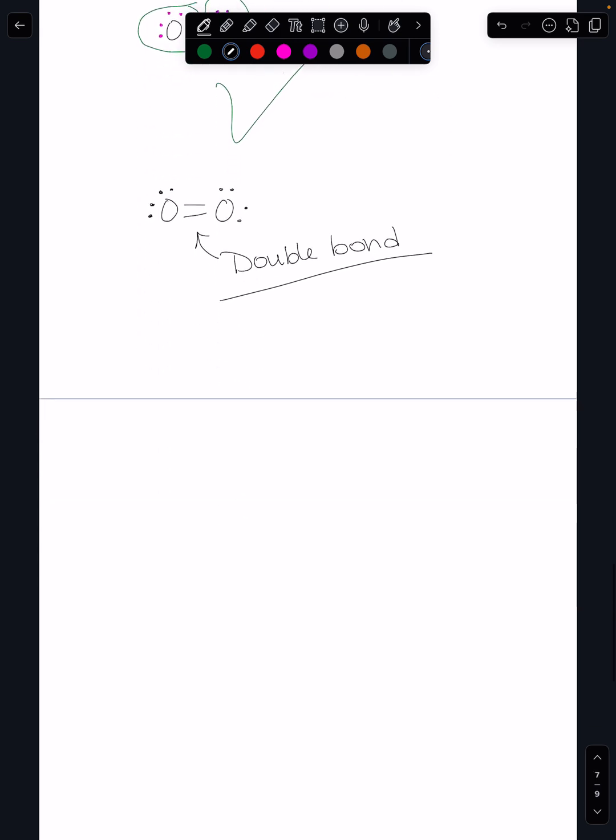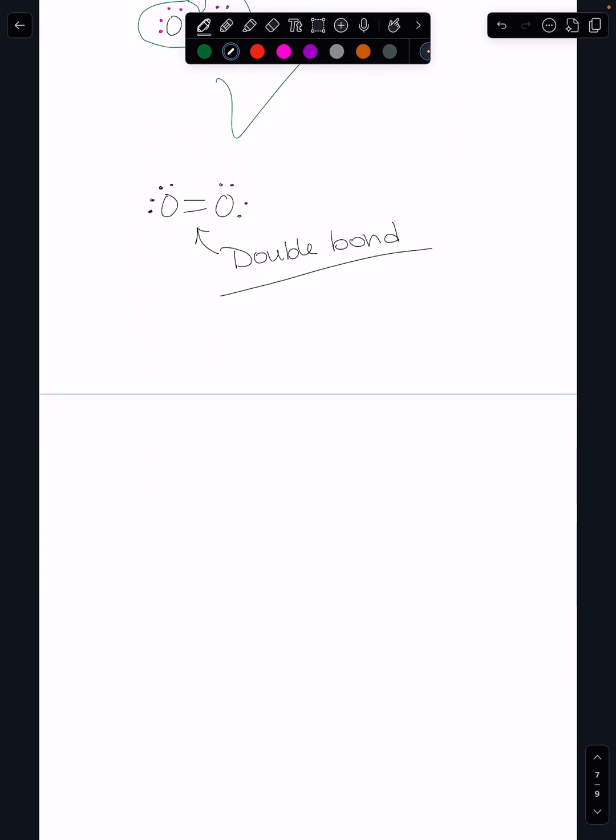Oxygen has double bonds. And then let's also look at one that's even more complicated, nitrogen. Nitrogen has 5 valence electrons. 1, 2, 3, 4, 5. 1, 2, 3, 4, 5. There's its 5 electrons on each one.